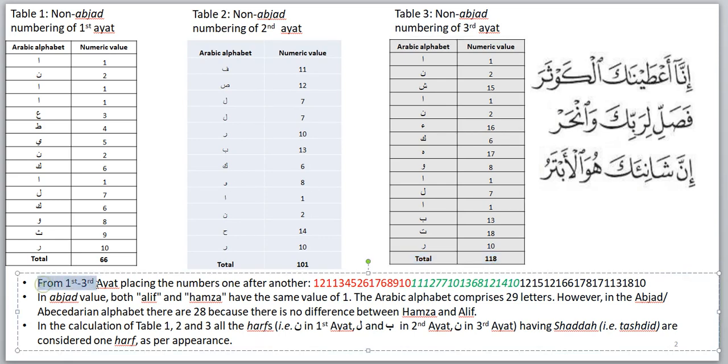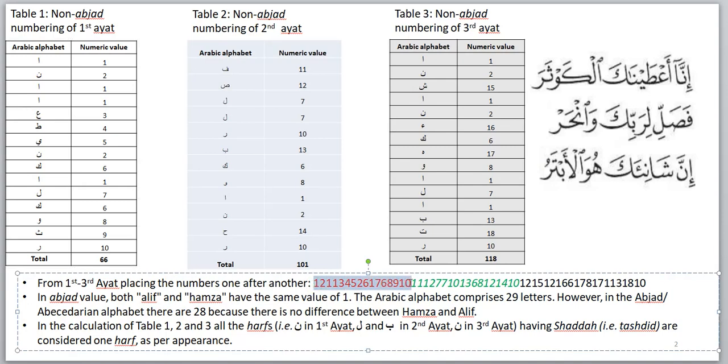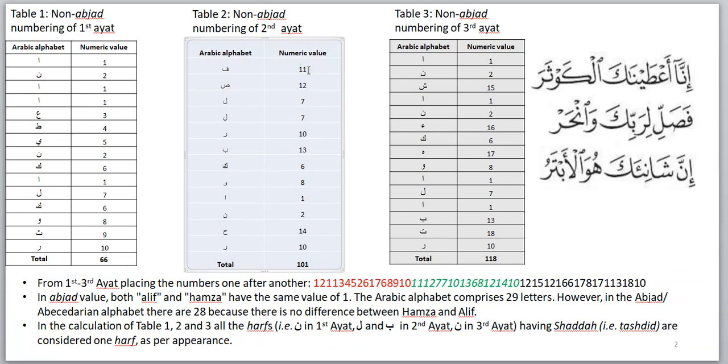From the first to the third ayat, placing the numbers one after another, that means 1, 2, 1, 1, 3, etc., and at last 8, 9, and 10, we get this number. From the second ayat, there is 11, 12, 7, 7, 10, 13, at last 14 and 10.